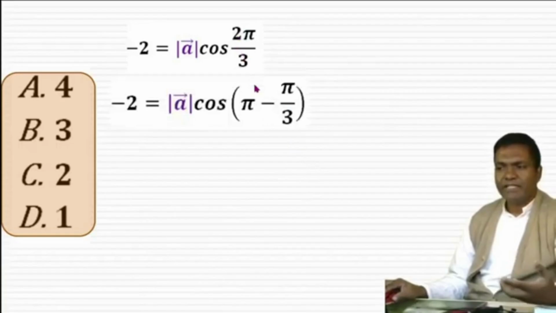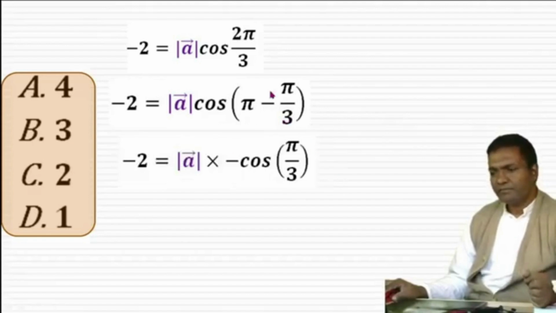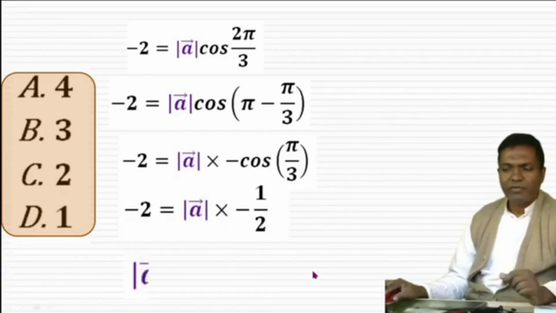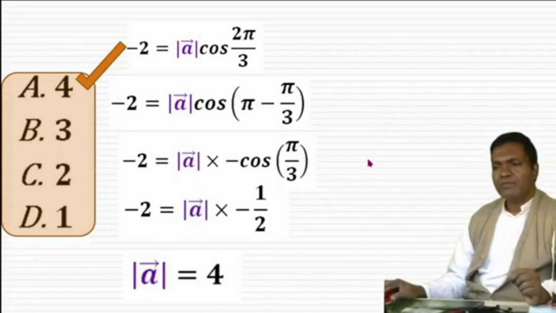So 2 pi by 3 can be written as pi minus pi by 3, and cos of pi minus theta is minus cos theta. So it is minus cos pi by 3. Now substitute the value of cos pi by 3, it is 1 by 2, so minus of 1 by 2. Now minus minus cancels, transfer to this side. So magnitude of A is 4 you will get. Option A is the correct one. Let's move on to next.